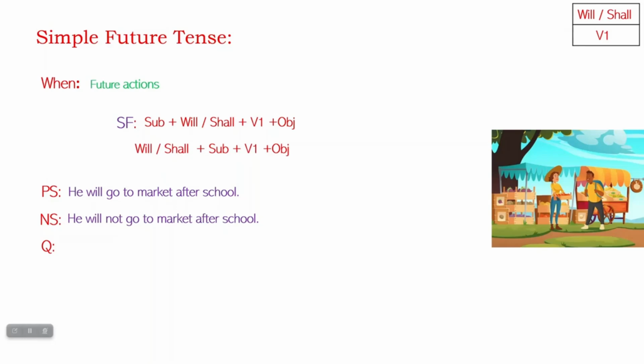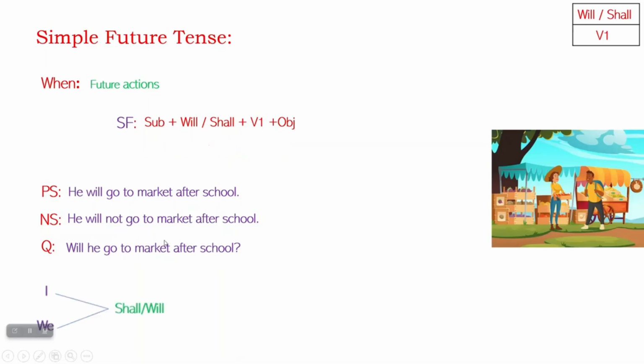Will or shall plus subject plus V1 plus object. Example, will he go to market after school? Then, here we are getting V1 forms in every sentence. Next, when we use shall or will: for I, we use shall or will. For he, she, it, we use will. For you, they, we, we use will.